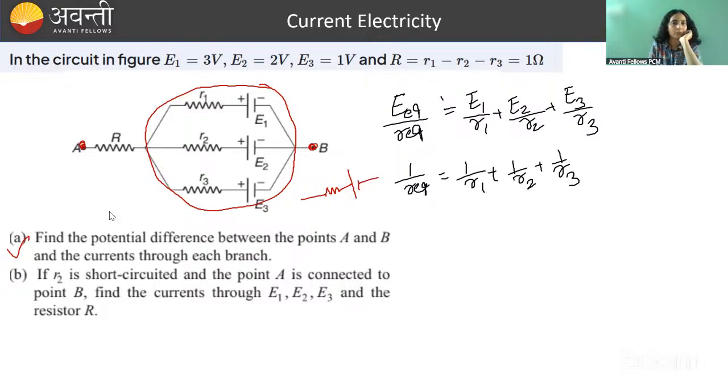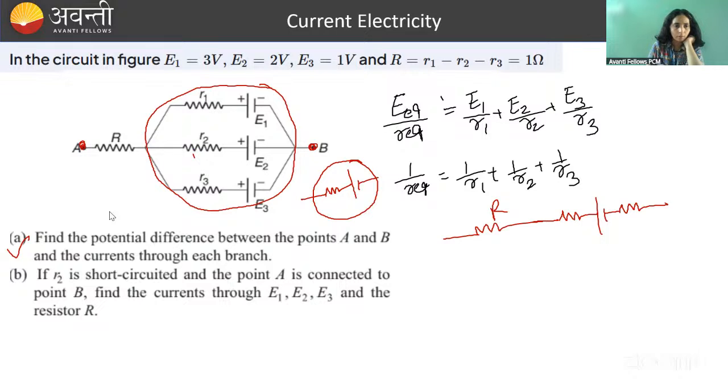So let's first do that. If we are able to reduce this whole circuit, then it will look like there is an R here, and this whole circuit we will be representing with this.